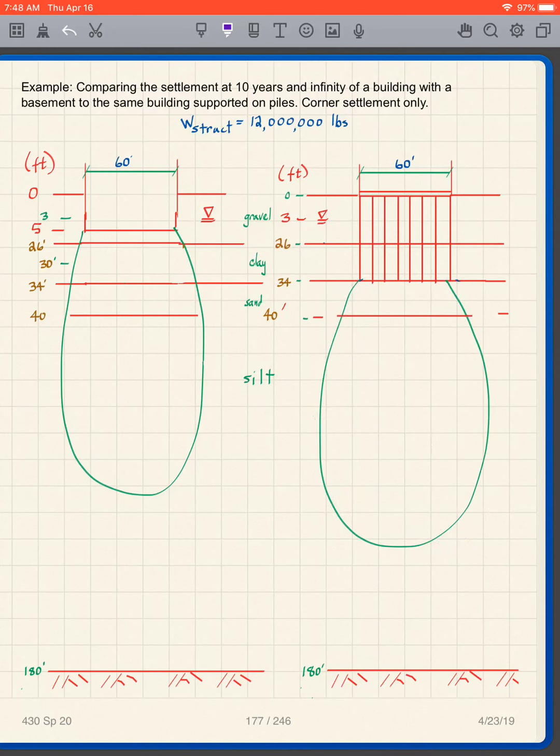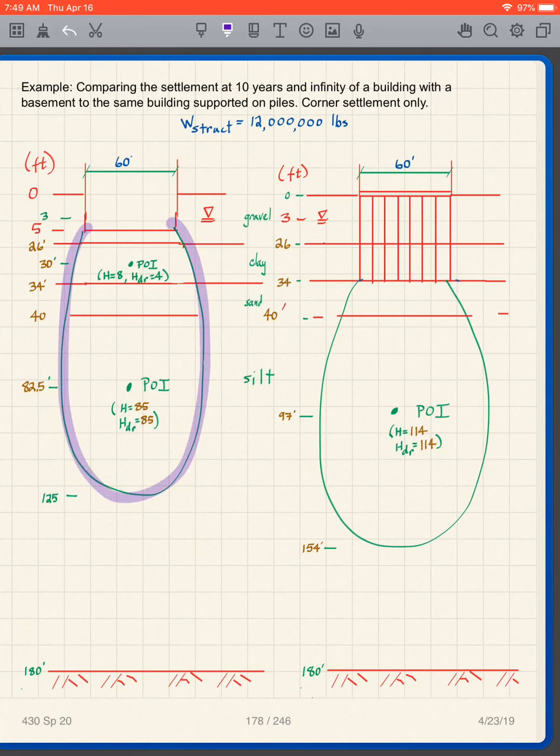So let's take a look. For the building with a basement, we have to get a point of interest in the clay and a point of interest in the silt. We only need a point of interest in the silt for the situation with piles.